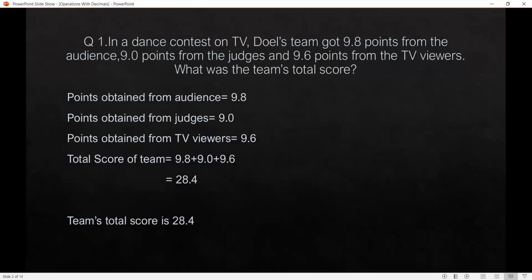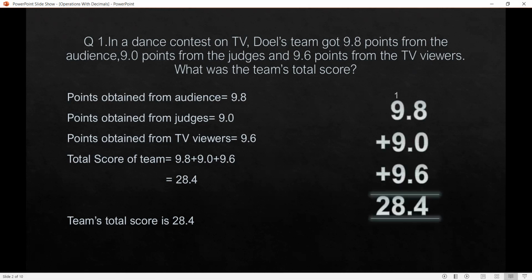So here are the points obtained from the audience 9.8, points obtained from the judges 9.0, points obtained from TV viewers 9.6. When we add all of these, we will get 28.4. It means that the total score of the team is 28.4.